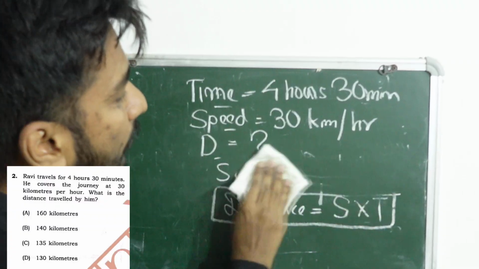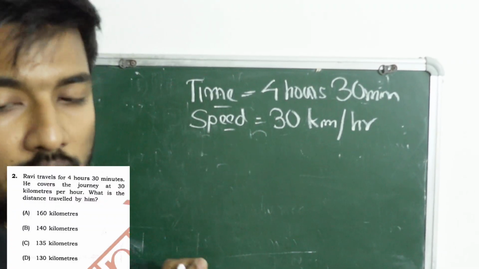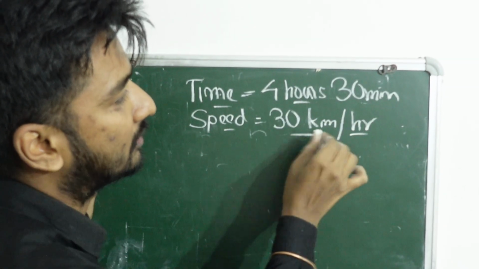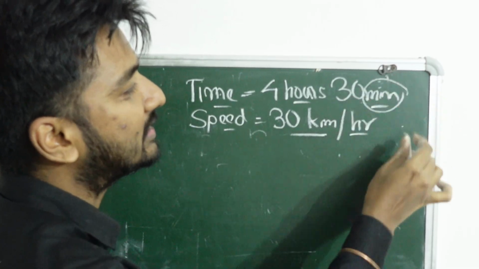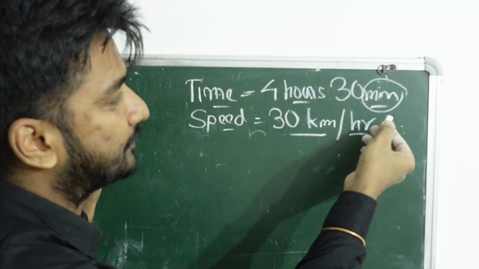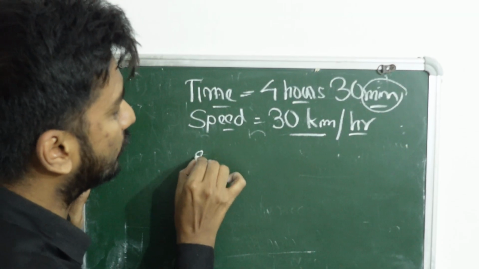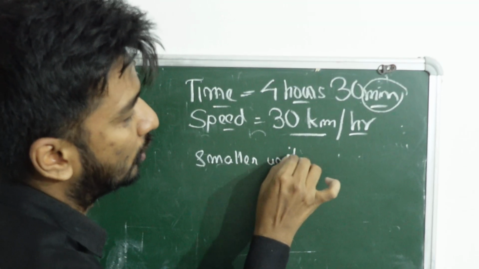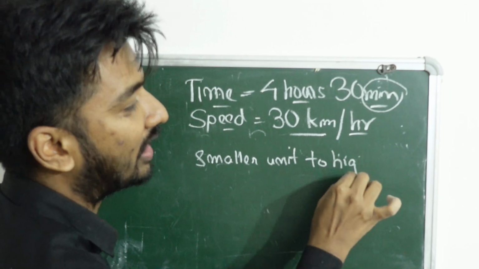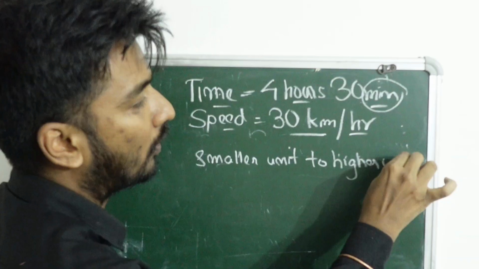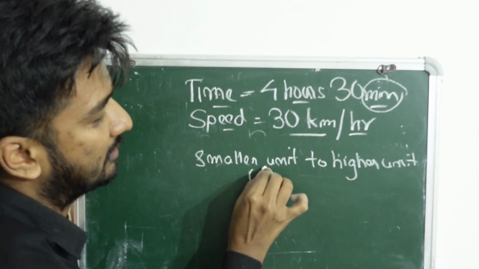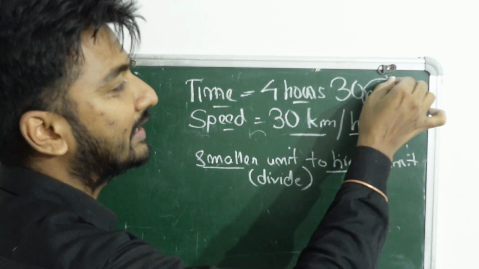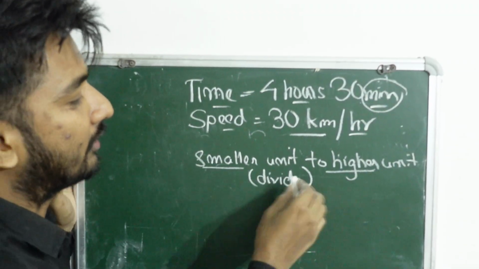Now put in the values. Before that, you have to make the units the same. For example, it is hours and kilometers, but also minutes. You have to change minutes into hours. How to do it? See, when you go from a smaller unit to a higher or larger unit, you always divide. Where minute is there and you have to go to hour, you divide.